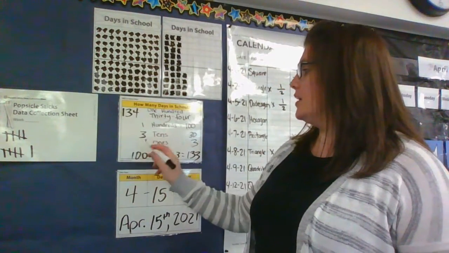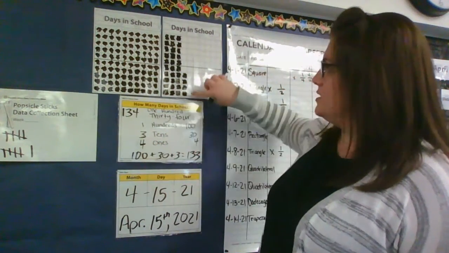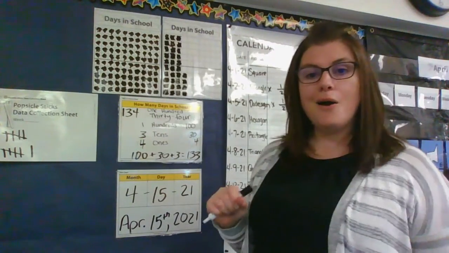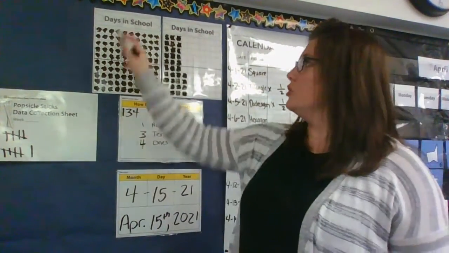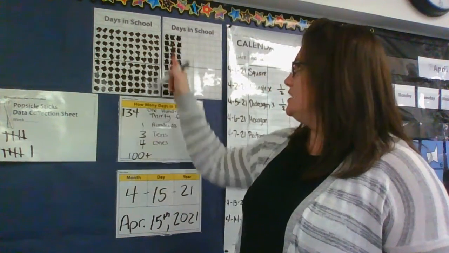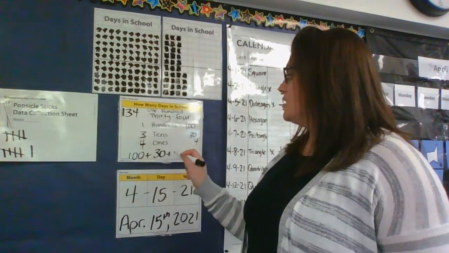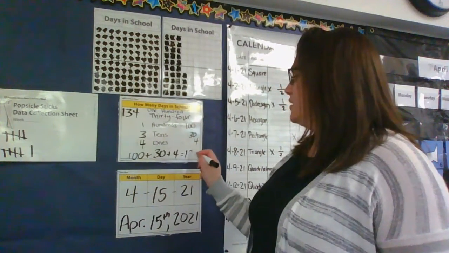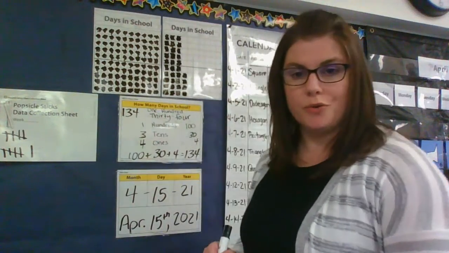And then a 4 in our ones place means we have those 4 days, 1, 2, 3, 4, all by themselves. So let's put it all back together. Ready? Let's take our group of 100 plus our 3 tens, which is 10, 20, 30, plus our 4 ones, gives us 134. Time needs to slow down.